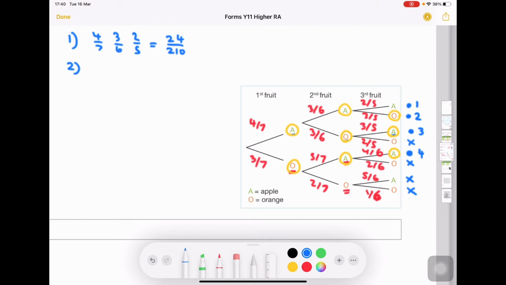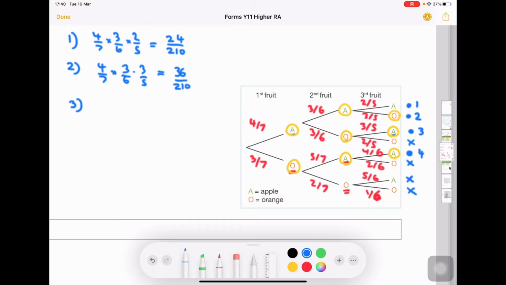For 2, we have 4 over 7, 3 over 5. And this gives us an answer of 36 over 210. For 3, we have... By the way, these are multiplication signs.